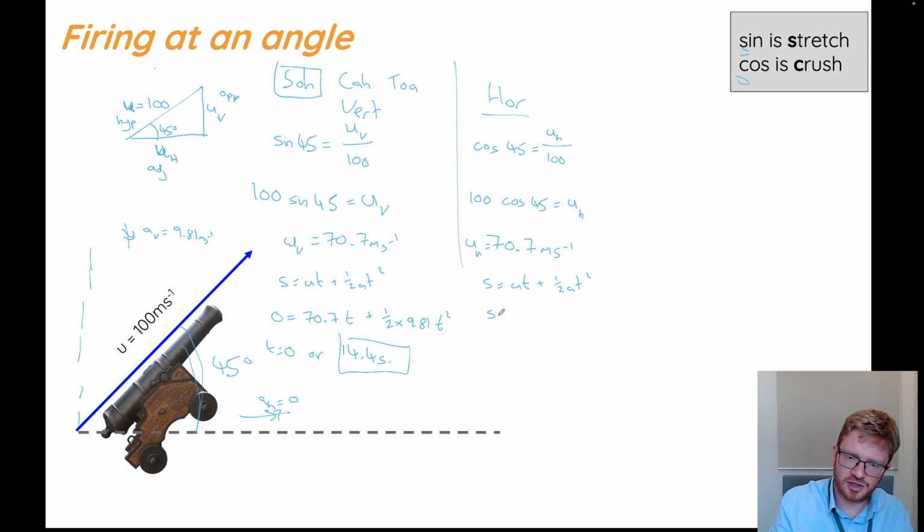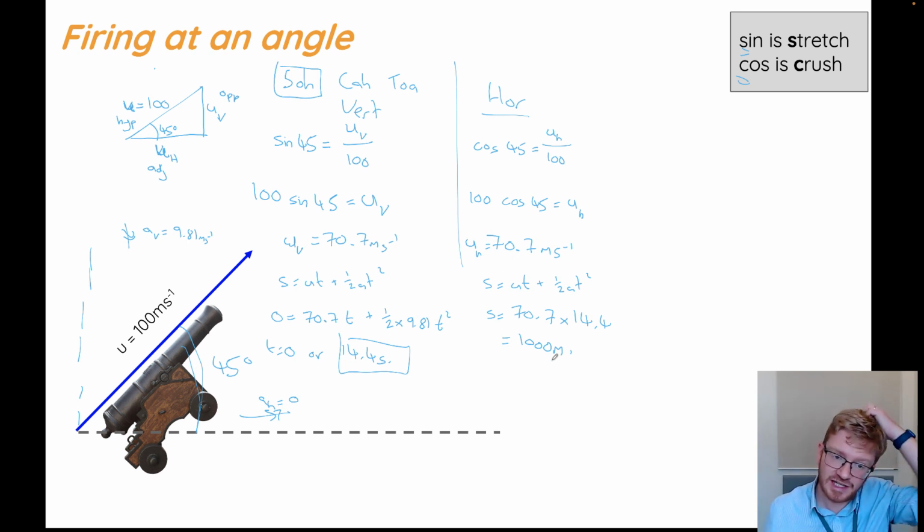So this just becomes 70.7 multiplied by the time that I got earlier, 14.4, and that comes out at, using the same number of significant figures as in my question, 1,000 meters.